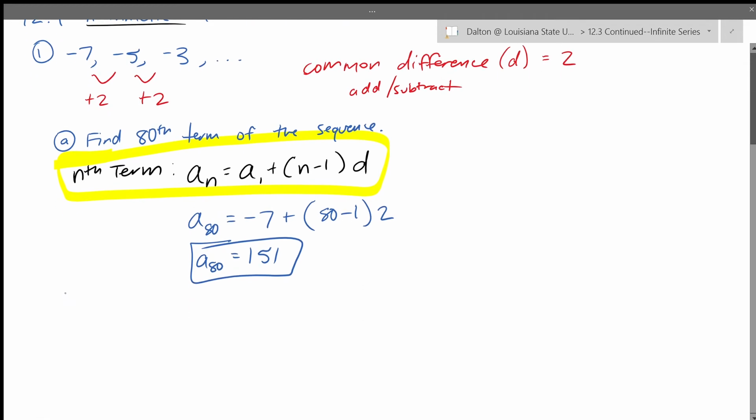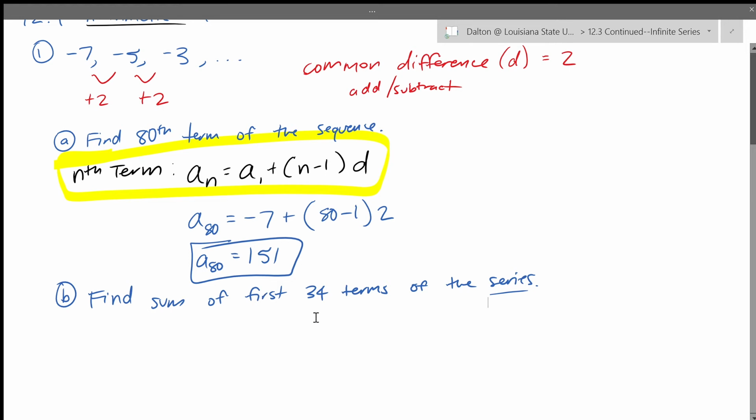I could also ask you to find the sum of the first 34 terms of the series. Here I used a new word. All a series is, guys, is your sequence added up all together.